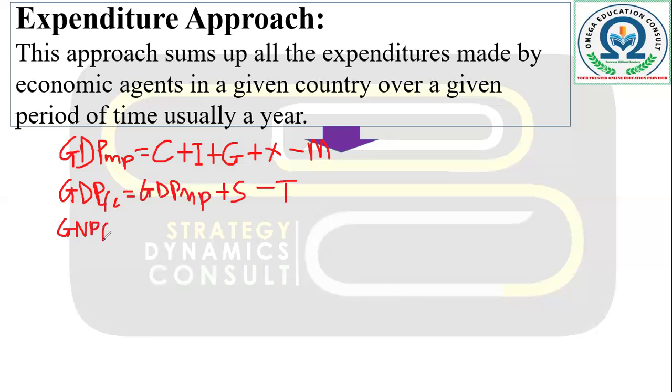Now take note that I mentioned earlier that the GDP is all the expenses made by all economic agents residing in Ghana. And we know that there are foreigners in Ghana, either individuals or foreign companies, and they are making a lot of expenses in the country.